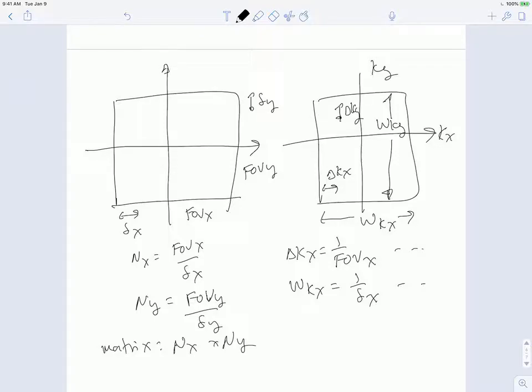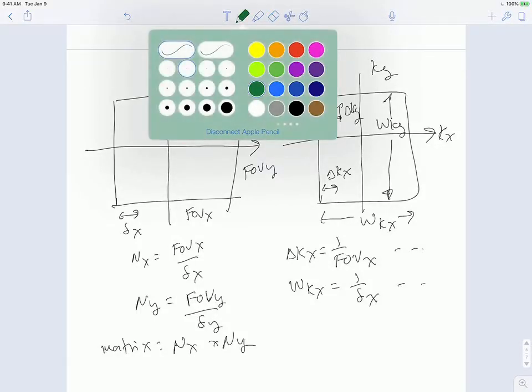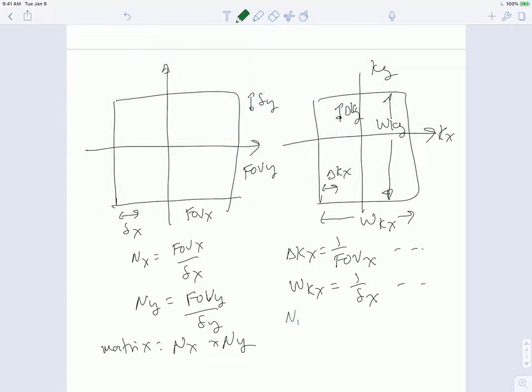All right, so what are some of the other parameters that we talk about? Some of the other parameters are the number of readout samples. That's equal to Wkx over delta kx. Assuming all these relationships hold, that's equal to FOV of x over delta x, which equals nx. So those things match up.